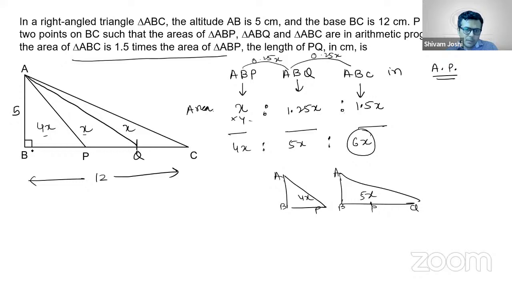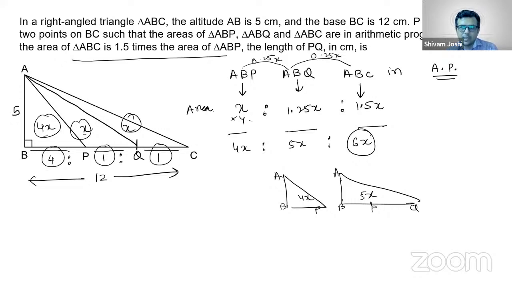Which means that my BP, PQ, and QC will also be in the ratio of 4 is to 1 is to 1 using the same property that we discussed in the previous question. That is, if the height is the same, then the ratio of area is the same as the ratio of the bases. So if the ratio of area is 4, 1, 1, the ratio of bases is also 4, 1, 1.